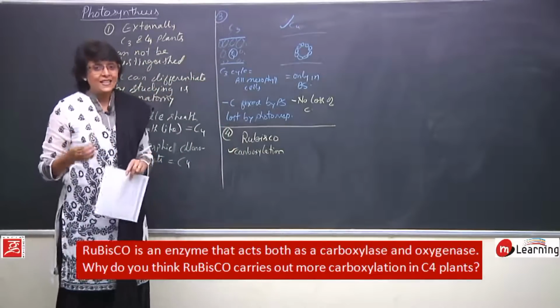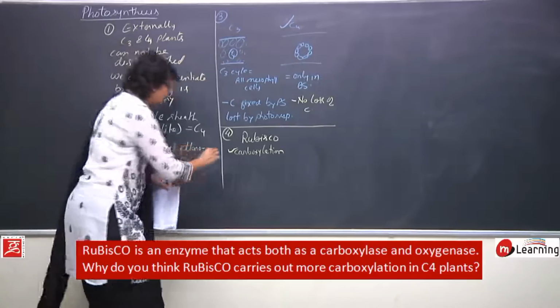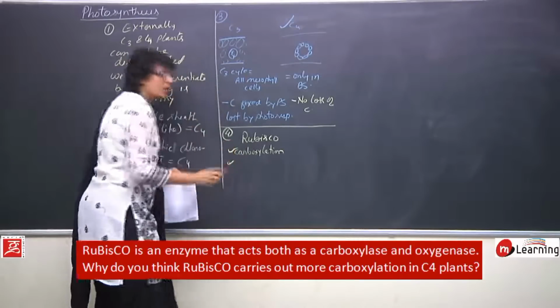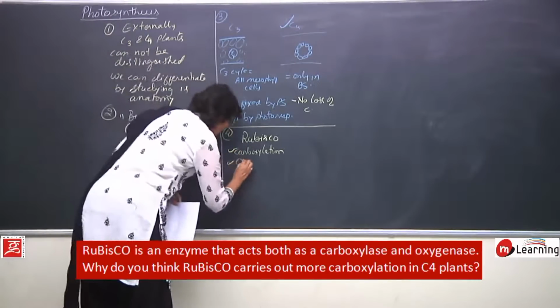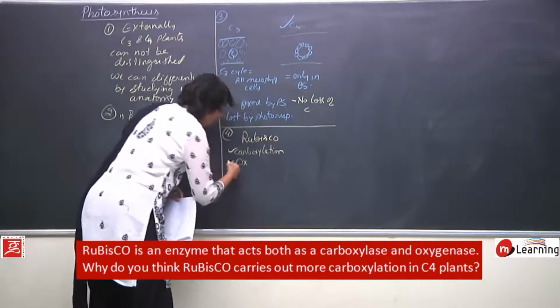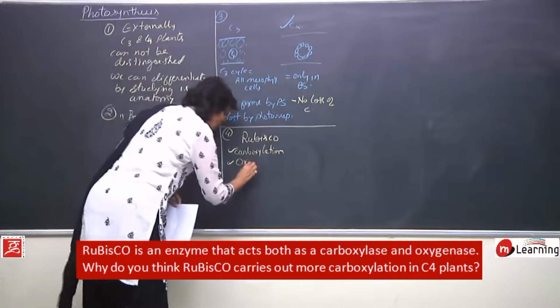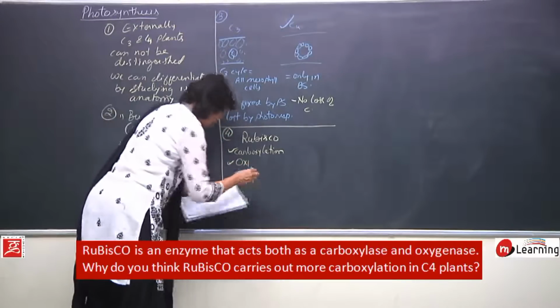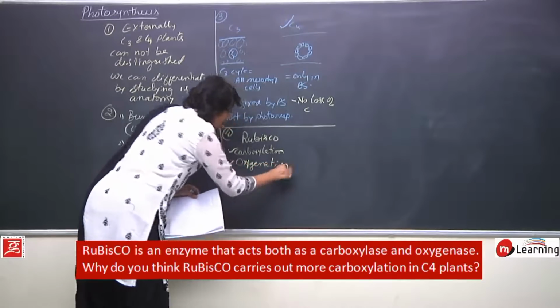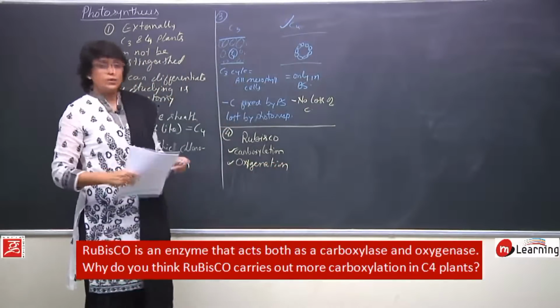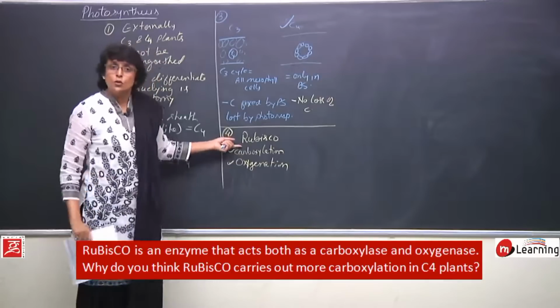During higher temperature, it starts working as oxygenase. So, it is also taking part in the reaction of oxygenation. So, it is doing two things. Suppose there are 100 Rubisco molecules.